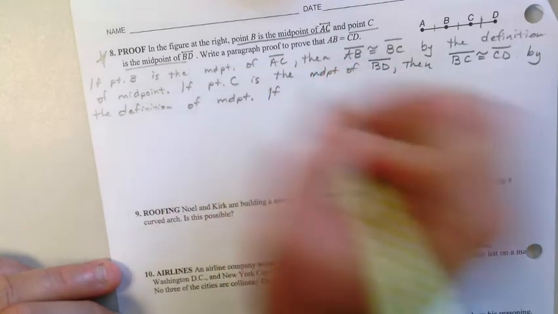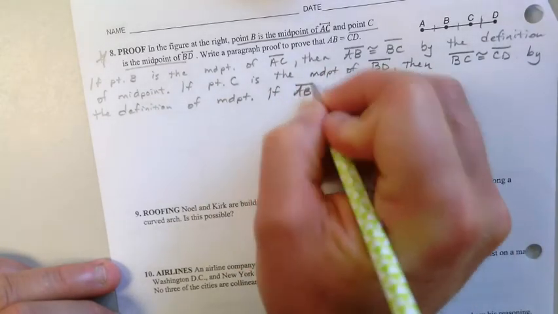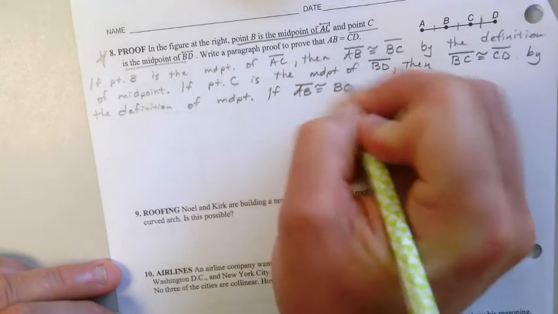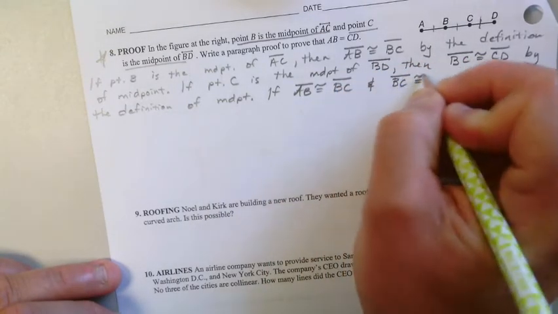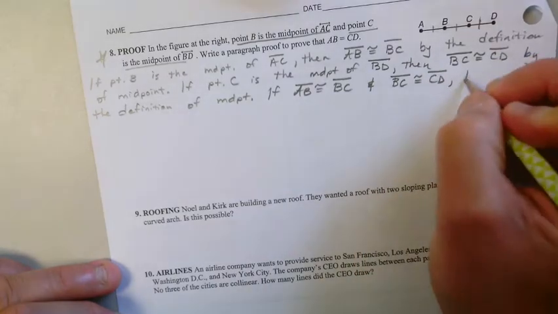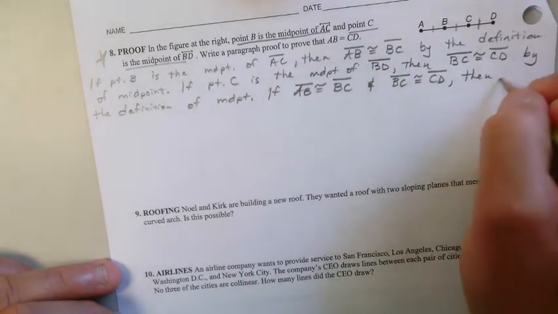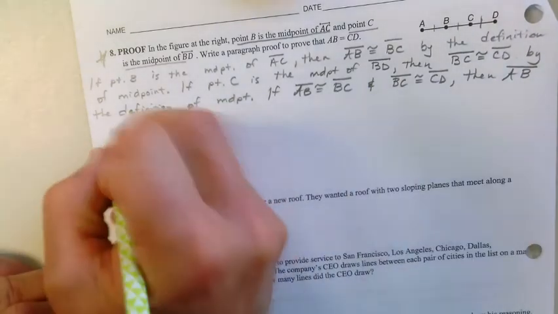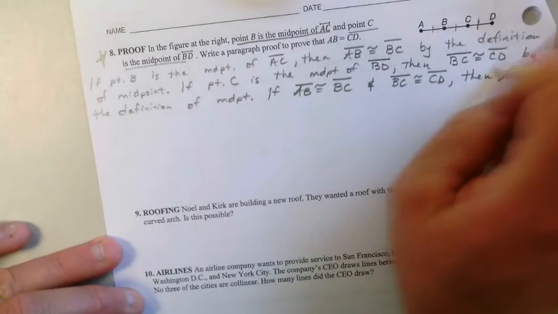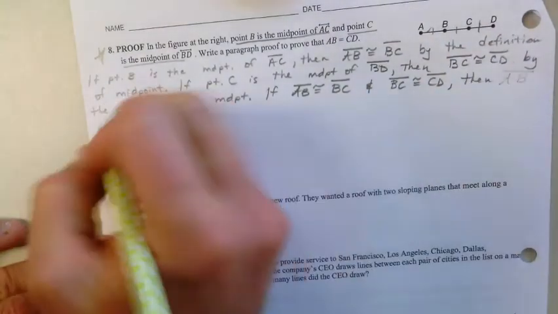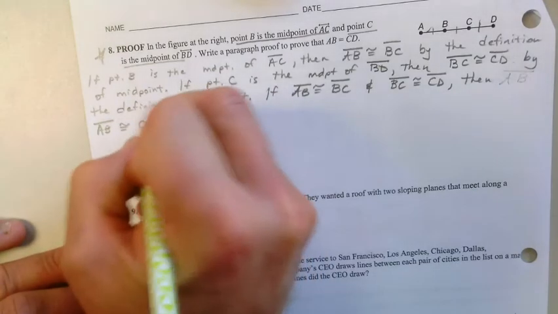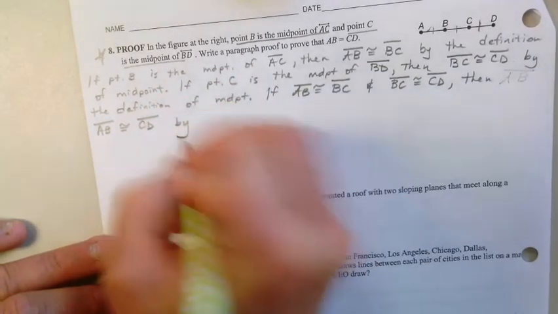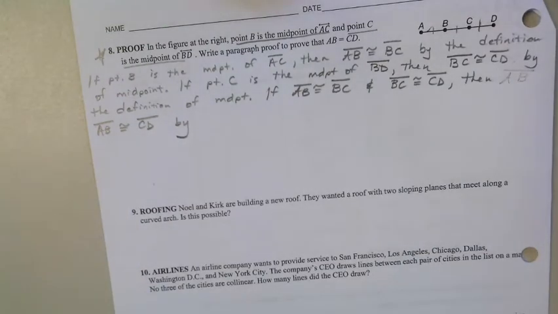If AB is congruent to BC and BC is congruent to CD, then AB is congruent to, I should have done that on the other line, then AB will be congruent to CD by, think about it for a second, see what property we've used there, okay?